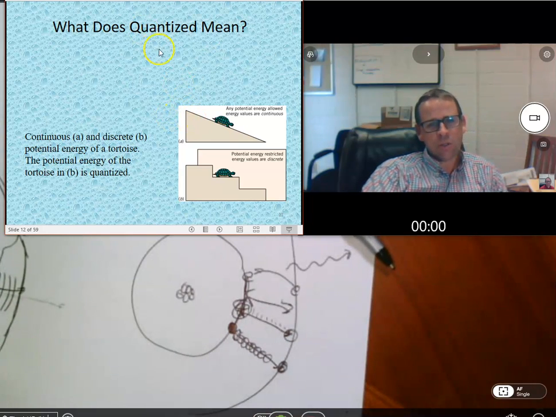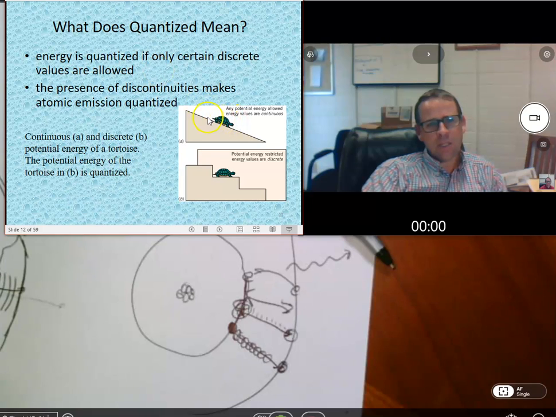Like this turtle could be continuously moving at small, different increments down this slide. It could be in absolutely any location from this spot to this spot in terms of height, right? Now, if it's a quantized system, the turtle can only reside at this level, or this one, right?